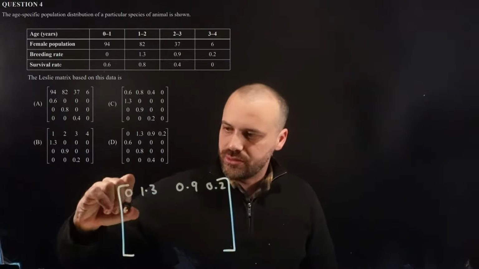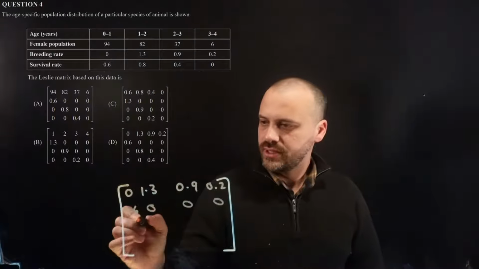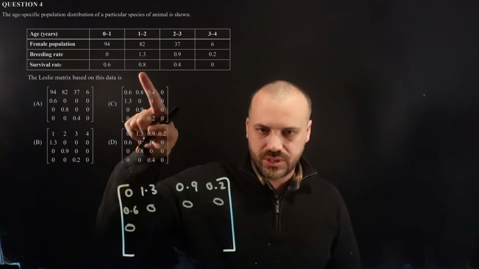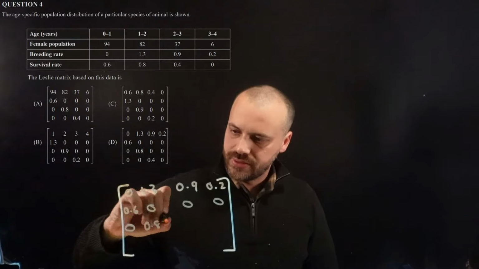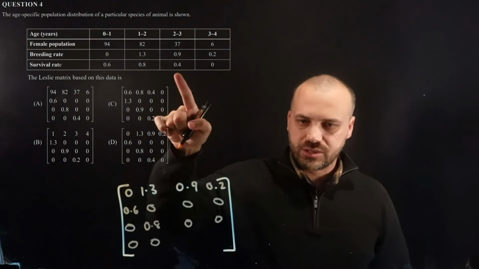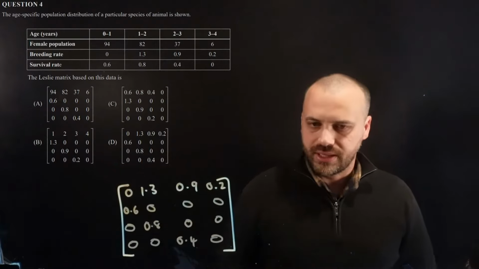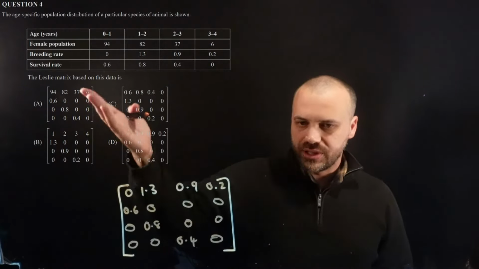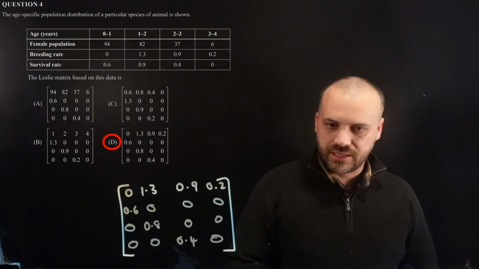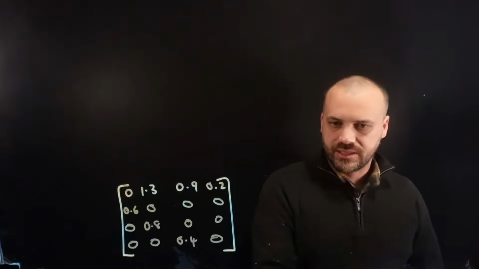So 0.6, all of these are 0, and then this one here is going to be our next one, 0.8, and then a bunch of zeros, and then 2 zeros, and then our last one, 0.4, and then a 0. And then we just need to look at these 4 options and see if we've got an answer. And yes, our answer is D.